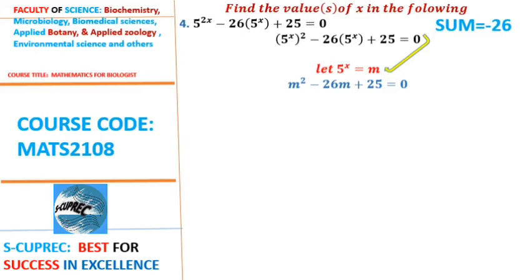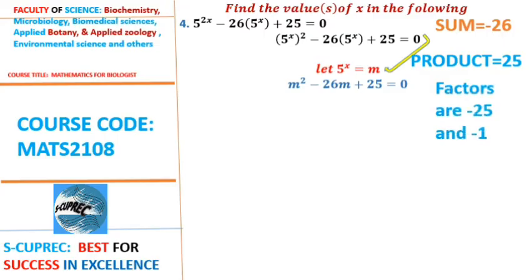Our A here is 1, the value in front, and our C here is 25, so 1 times 25. So we're looking for both positive and negative factors of 25 that when we sum them, it should give us negative 26, and when we find the product, it should give us 25.